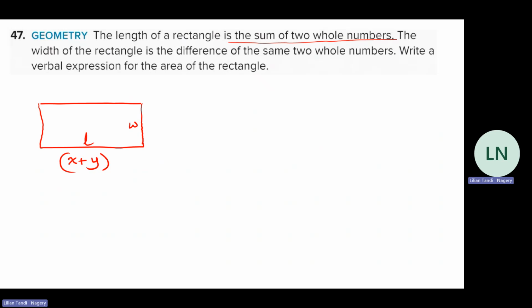The width of the rectangle is the difference of the same, so x minus y. Write a verbal expression for the area of the rectangle.